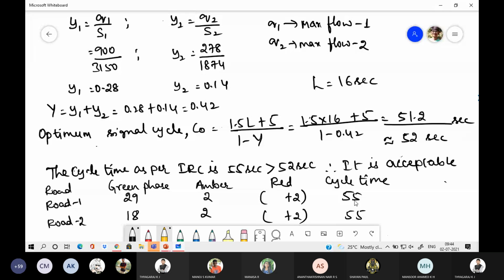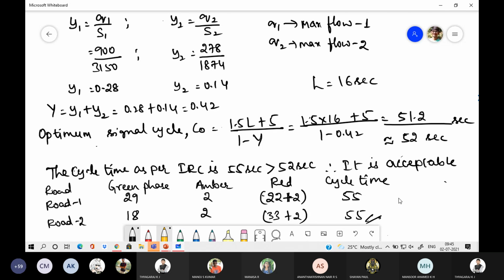So 55 minus 29 minus 2 is 24. That will be the red time. For road 2, we should get 22 here. Yes, it is 22. 55 minus 18 minus 2.